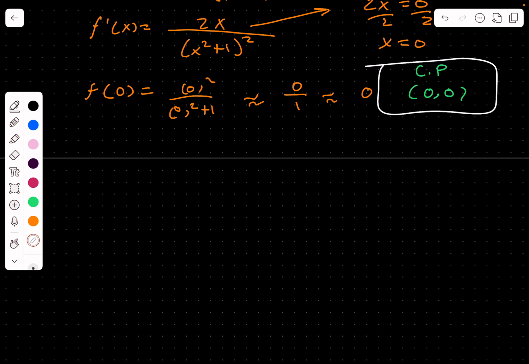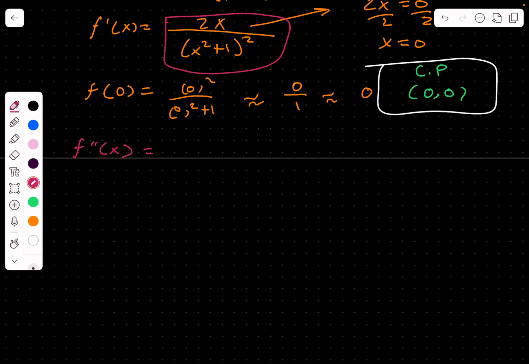Okay, this is where it becomes just painfully annoying. All right, let's keep going. Let's do her in a different color because we're going to have a lot going on here. Remember, this is our first derivative, and now we're going to take the second derivative of that.